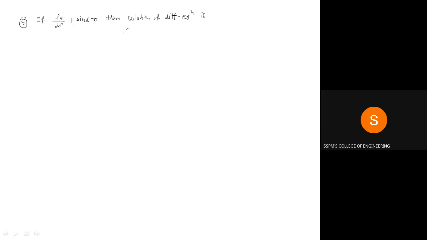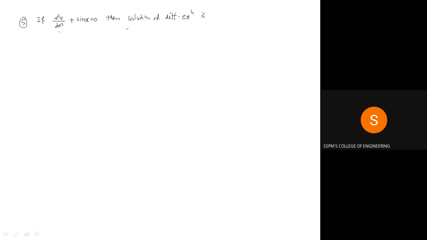So I won't waste your time writing the options here. In this question, I will solve the problem. So d square y by dx square plus sin x is equal to 0. The differential equation is given. Then find the solution of the differential equation.